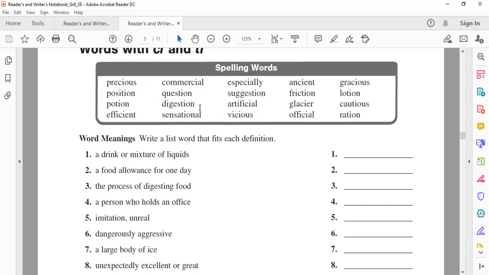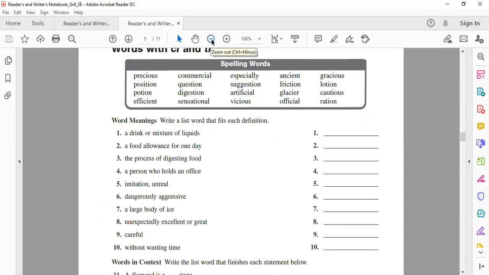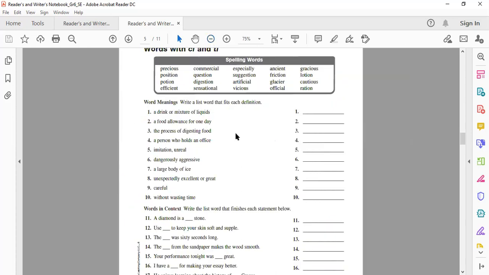Digestion. Artificial. Glacier. Cautious. Efficient. Sensational. Vicious. Official. Ration. Very good.